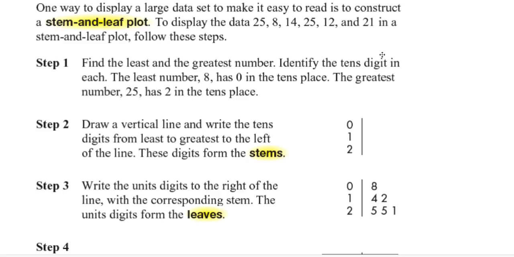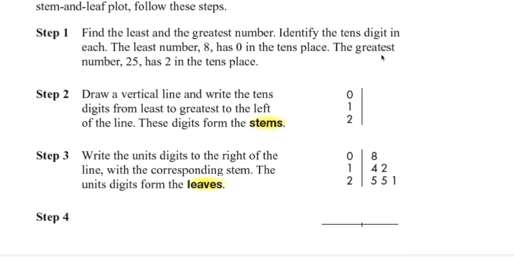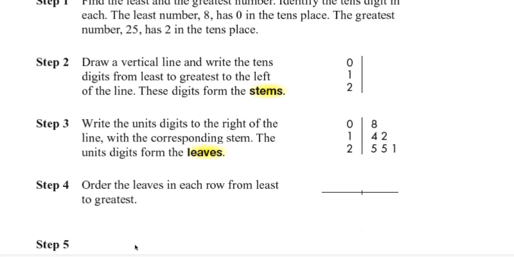After we have created our leaves, in step number 4, we order the leaves from each row from least to greatest. But before we do that, we'll write down stem and leaf, and rewrite 0, 1, 2.